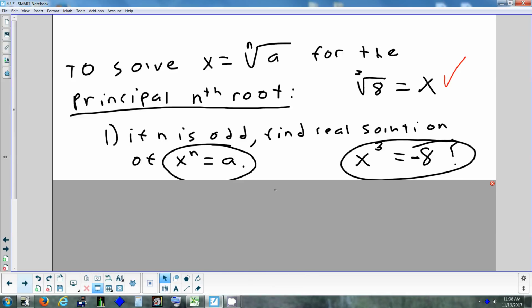Is there a number I could raise to the 3rd power and get negative 8? Negative 2, yes. Because negative 2 times negative 2 times negative 2 would give you negative 8. So the point there is when you have odd roots, negatives underneath are okay.